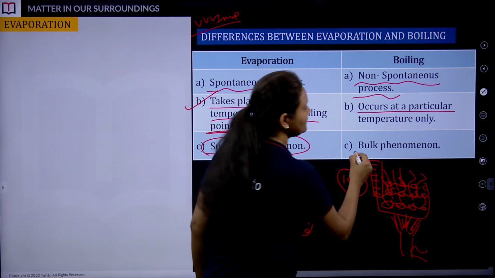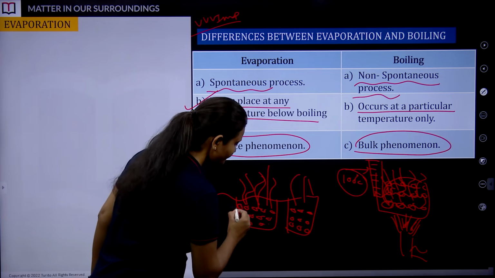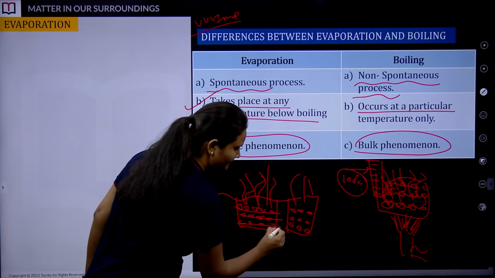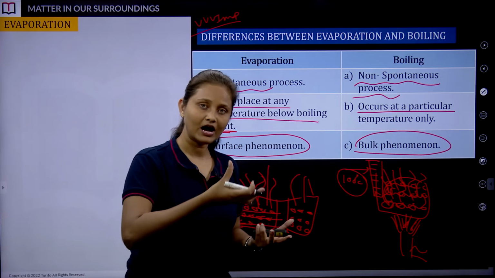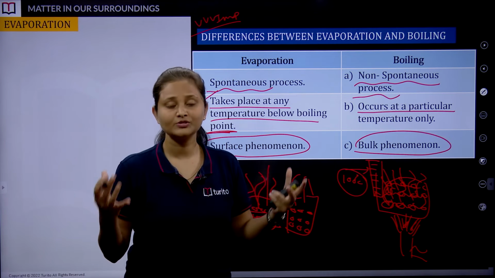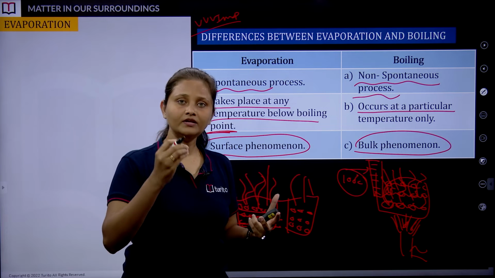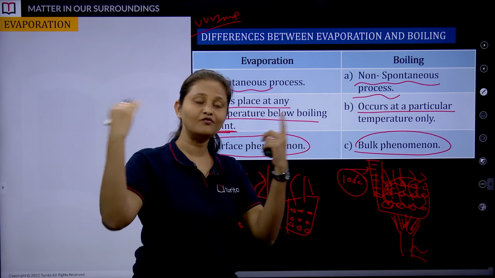Next is surface phenomena. I have explained about this, and bulk phenomena happens in the bulk. Here, layer by layer, the layers are getting exposed to the surroundings, and the role of that layer is nothing but surface molecules. So each and every layer becomes the surface for the environment.